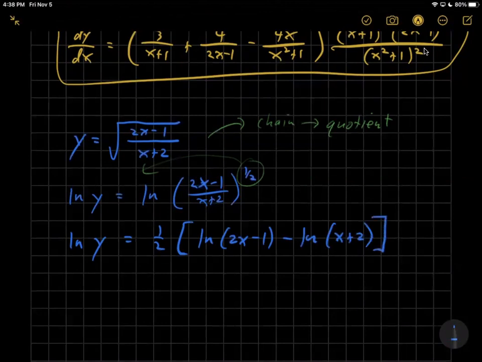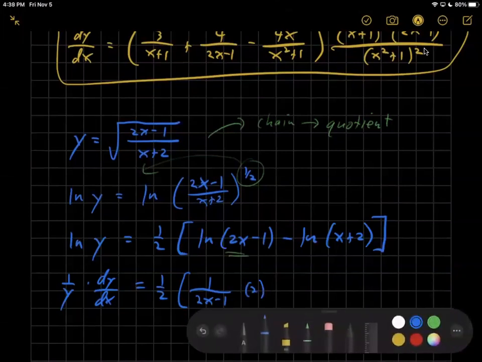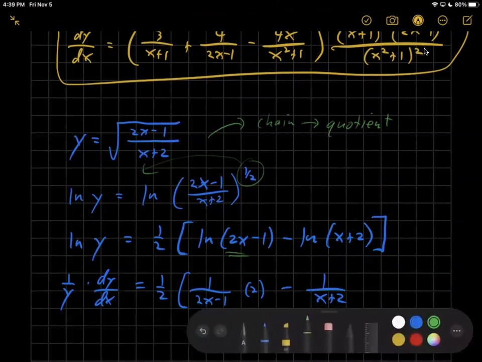Now it's not that hard to take the derivative. You always get 1 over y dy dx on the left, and the 1/2 will stay, times, for ln of 2x minus 1, 1 over 2x minus 1, and we'll multiply by a 2 because that is the derivative of the inside. And then we'll have minus 1 over x plus 2, and that's just times 1 because the derivative of x plus 2 is just 1.